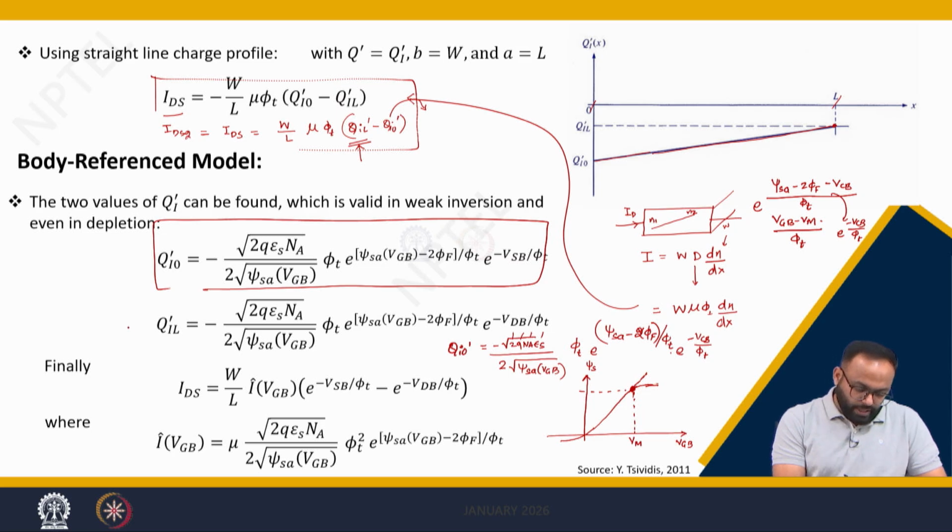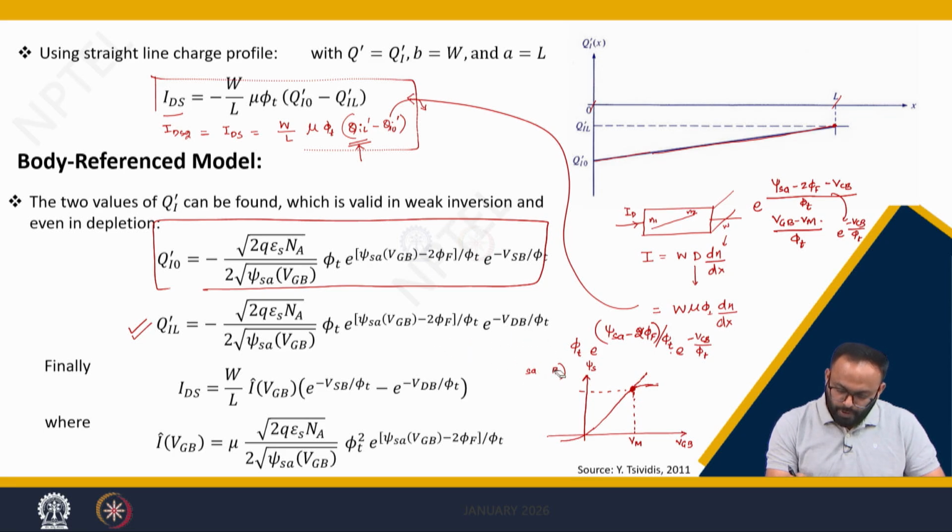Similarly, we can define the inversion charge at the drain side, which is QIL. The only difference is in the exponential term, you will see that it is e to the power of minus Vdb divided by phi t.